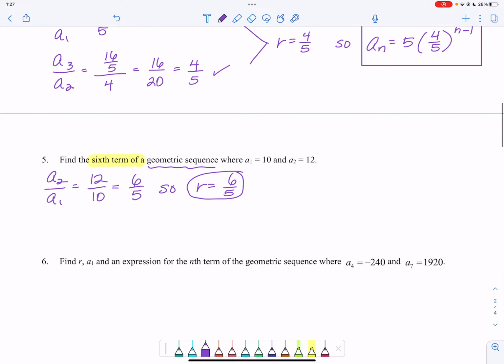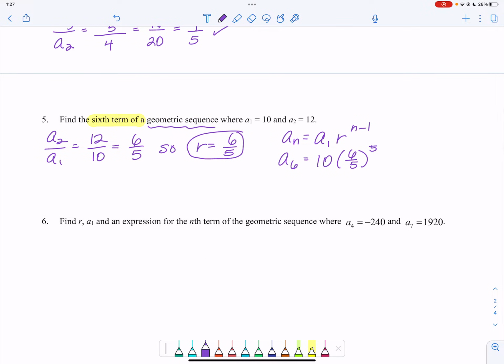So now we could have a sub n is equal to a sub 1 r to the n minus 1. So a sub 6 is equal to 10 times 6/5 to the 5th power.